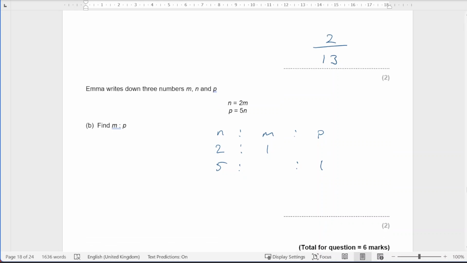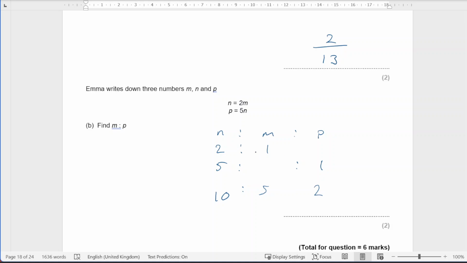So my quantity to combine here is going to be N, so that would be 10. I need to times the first one by 5, so that would be 5, and I need to times the second one by 2, so that would be 2, and I feel like I've made a mistake here.